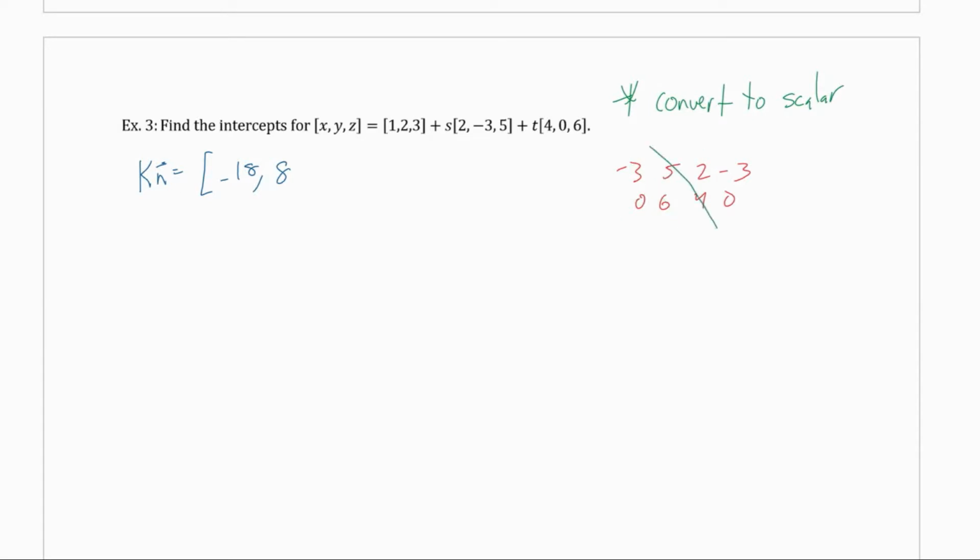Then 5 times 4 minus 6 times 2. Then 2 times 0 minus 4 times -3. So that looks like positive 12. And again, if I can simplify this, it might just make my life easy, which in this case I can. I'm going to divide again by -2. There is definitely no rule that the x coordinate has to be positive, but you'll probably notice that people often do that.